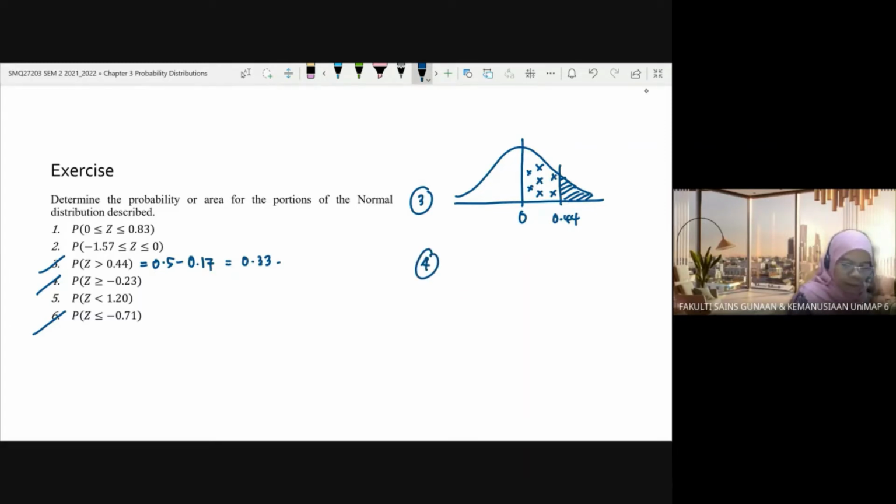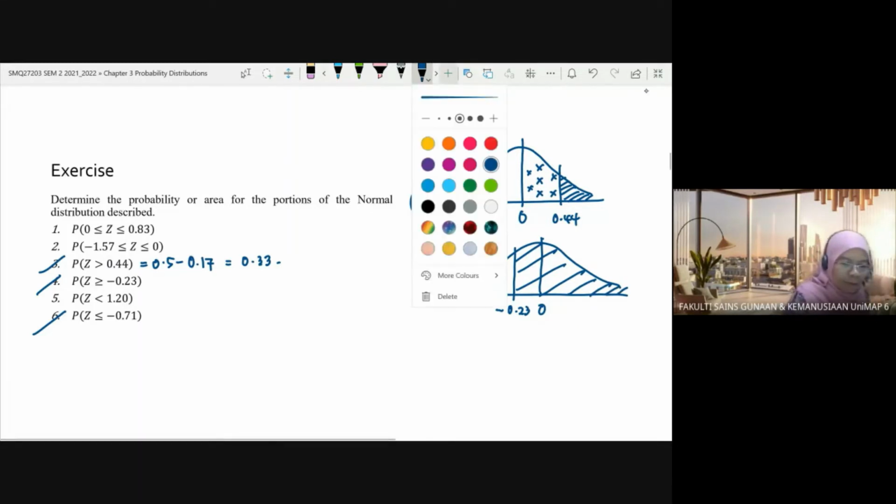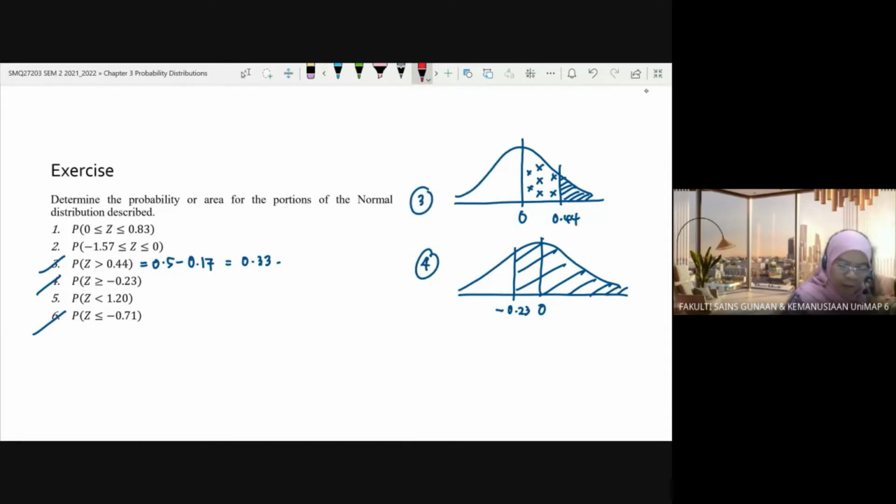Now, what about question number 4? Okay, you have standard normal distribution, the mean 0, and the value that you are looking for, Z is equal to negative 0.23, and the region is greater than. Okay, directly from this particular drawing, you know that it consists of 0.5 and the other one is from 0 until 0.23.